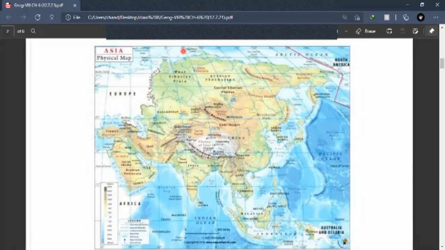There are depressions, that is the low-lying areas here. When the northern part of the river freezes during the winters because it is lying in the polar region, the outlet of water to the Arctic is sealed.